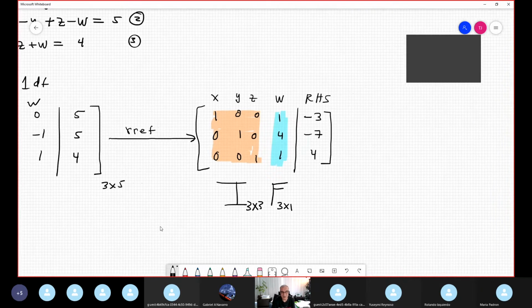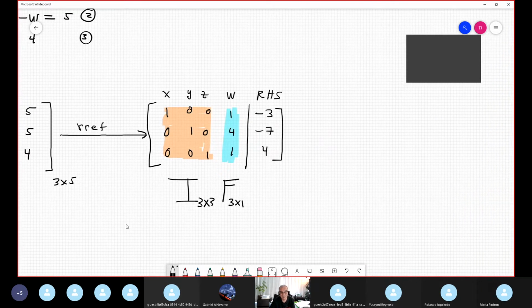Now we translate to the equation. The first equation is X plus W equal -3.